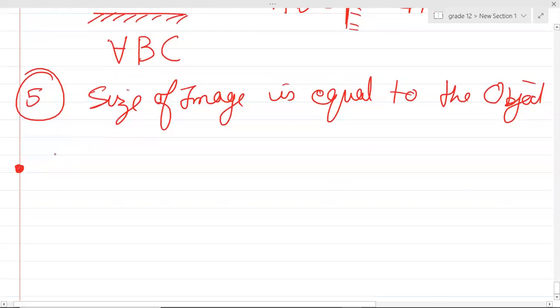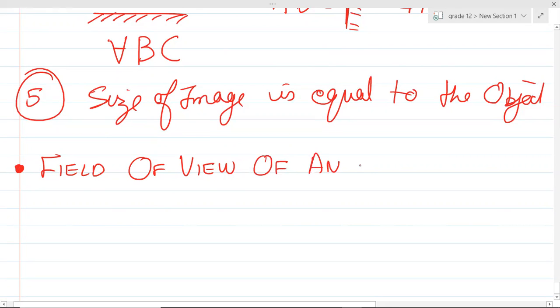The last thing which I wanted to teach you for today is basically field of view. Now this field of view can exist for an object as well as an image. So first of all, we'll do the field of view of an object.